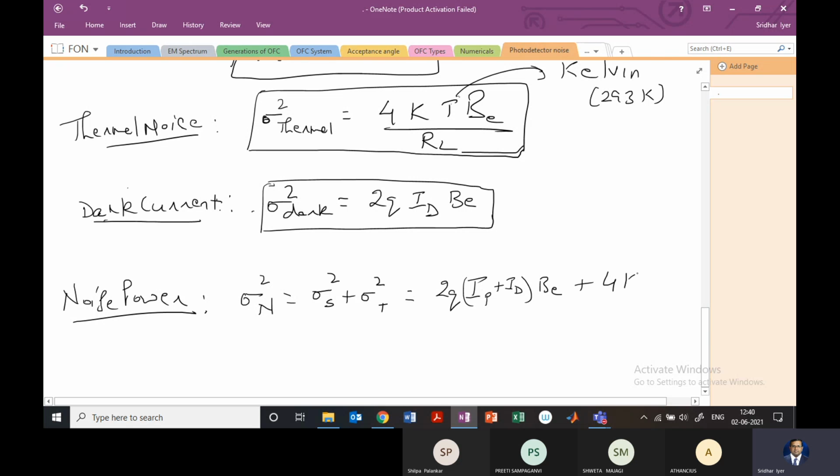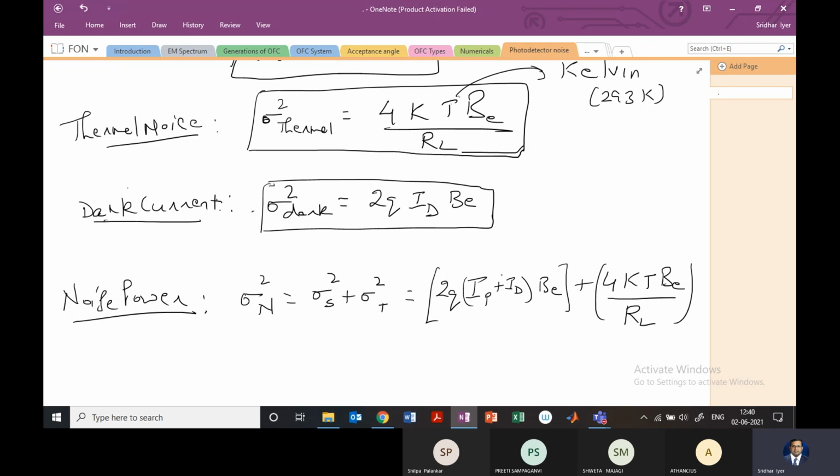In the first term, I've just added the dark current I_D because the other parts are the same as the shot noise. So this would be the noise power that we'll have. And of course, we can always find the average signal power, which needs to come in the numerator. So we could use these equations to solve various problems.